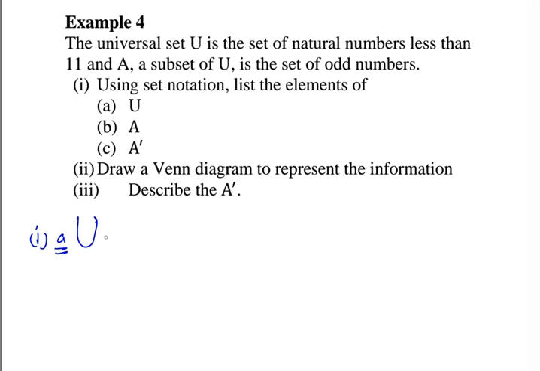So U is the set of counting numbers less than 11. So that would be like 1, 2, and so on. All right. So U is the set of counting numbers which are less than 11.